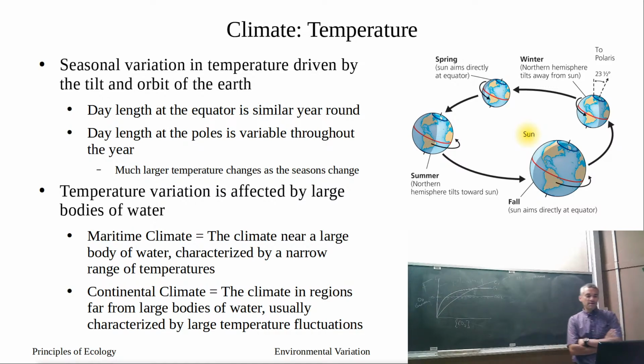Maritime climate is the climate near a large body of water. It is characterized by a narrow range of temperatures. That water body takes a lot of energy to heat up. It's going to release a lot of energy just to cool down a little bit.